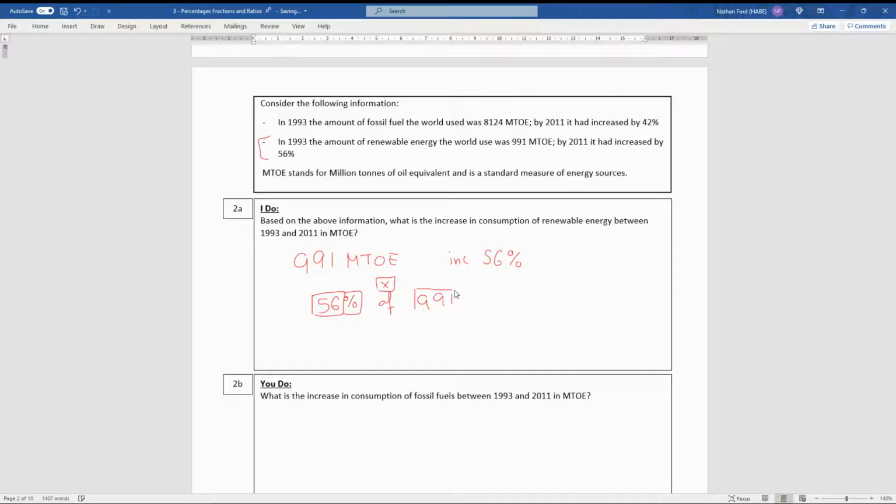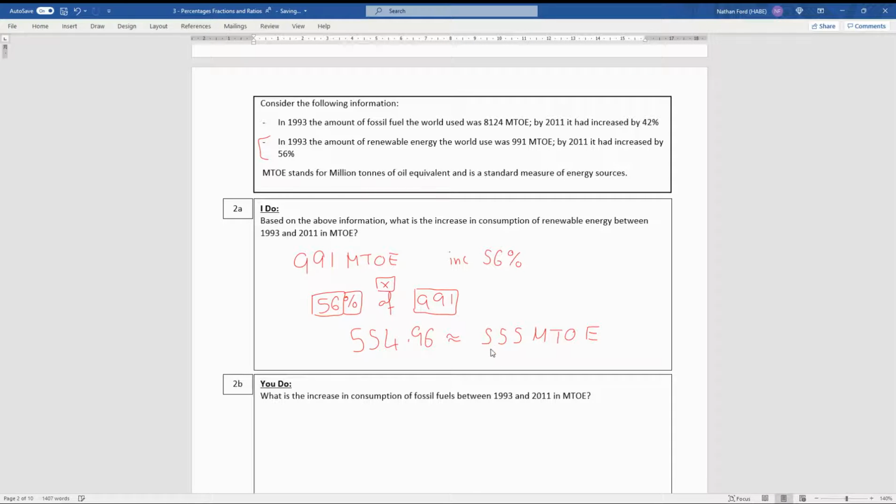So we have 56 times 991, which gives us 554.96, which is about 555 MTOE.